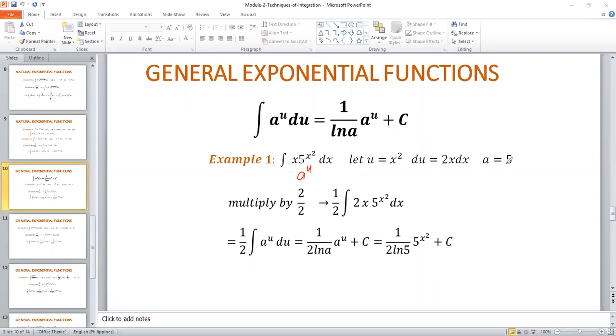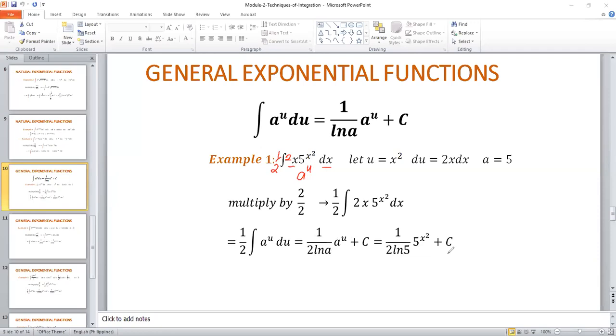Now, if you need a du, which is 2x dx, you already have an x and a dx here. So what you need is just the 2 in here and the 1/2 before the integral. And that's it. You have 1/2 integral of a^u du, or 1/2 times 1 over ln of a, which is 5. Then copy the a^u. What is your a^u? 5 raised to x squared. So you have 1/2 times 1 over ln 5, times 5 raised to x squared plus c.